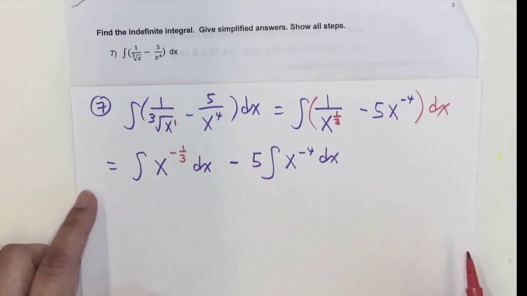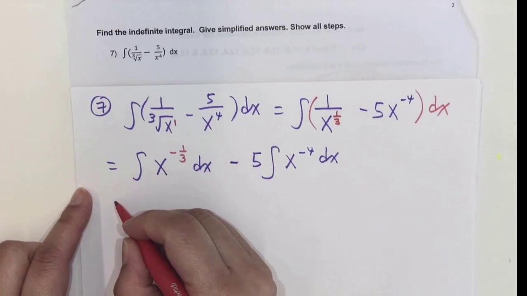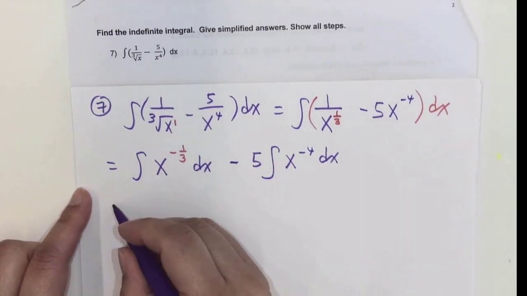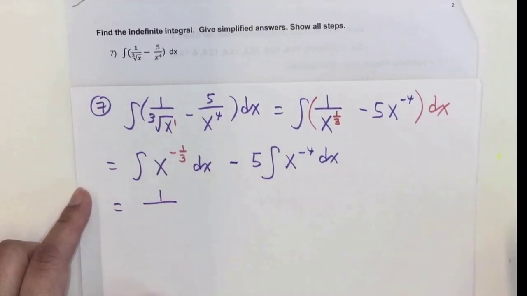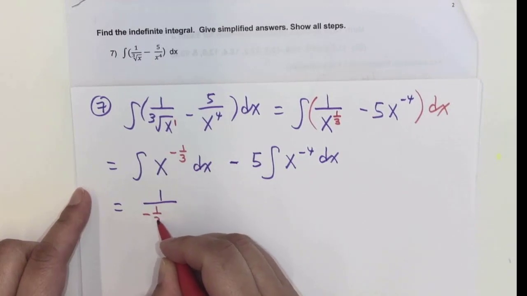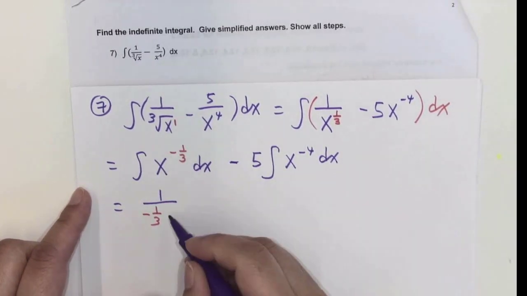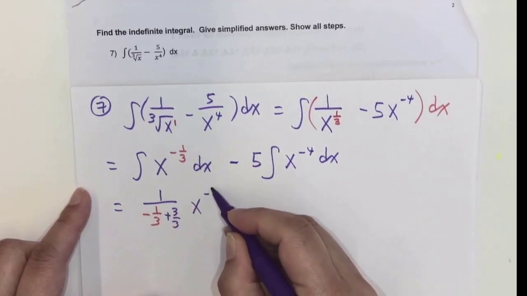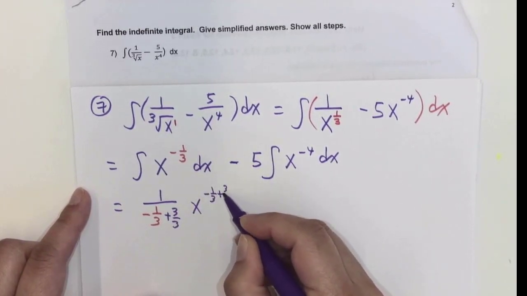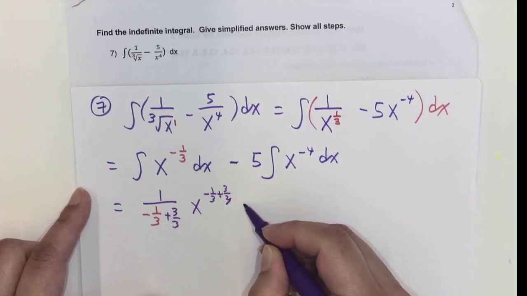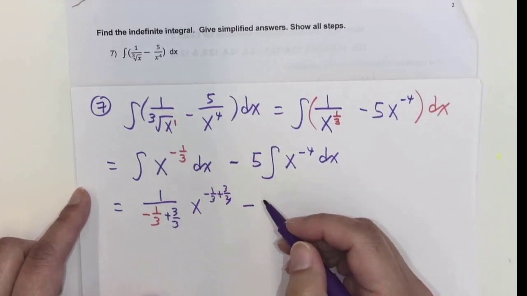So taking the integral, the first one will start with what? The fraction is going to be 1/(-1/3 plus 3/3). Do the same on the exponent for x, -1/3 plus 3/3, right? And the next part we have subtracting.